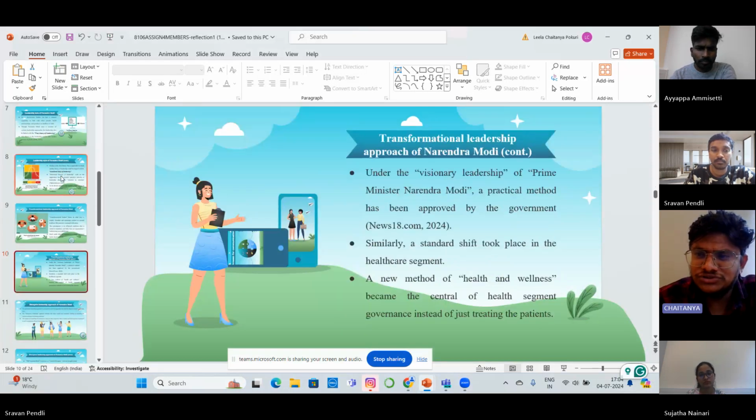Transformational leadership approach of Narendra Modi. The transformative influence of the Modi government of India cannot be exaggerated, through initiatives like the Garib Kalyan Abhiyan and the National Education Policy, also known as NEP, in 2020. The Indian government has transformed the land meaningfully, refining the lives of its people.